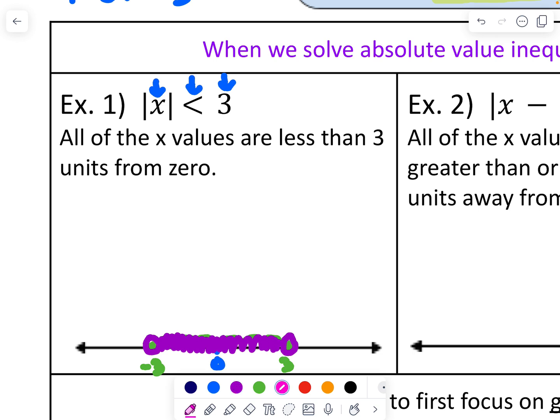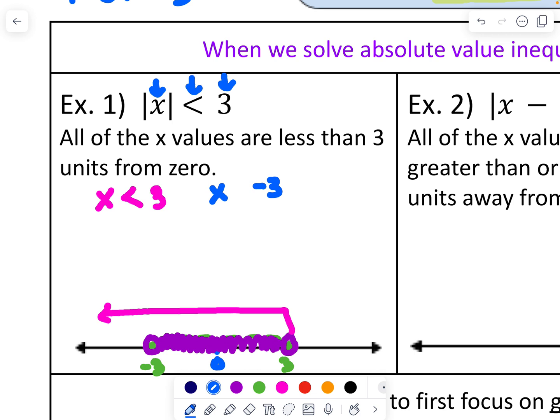So how do we break that down algebraically? Well, we know the inside value is going to have to be less than 3. But we also know the inside value could be related to the opposite number, -3.